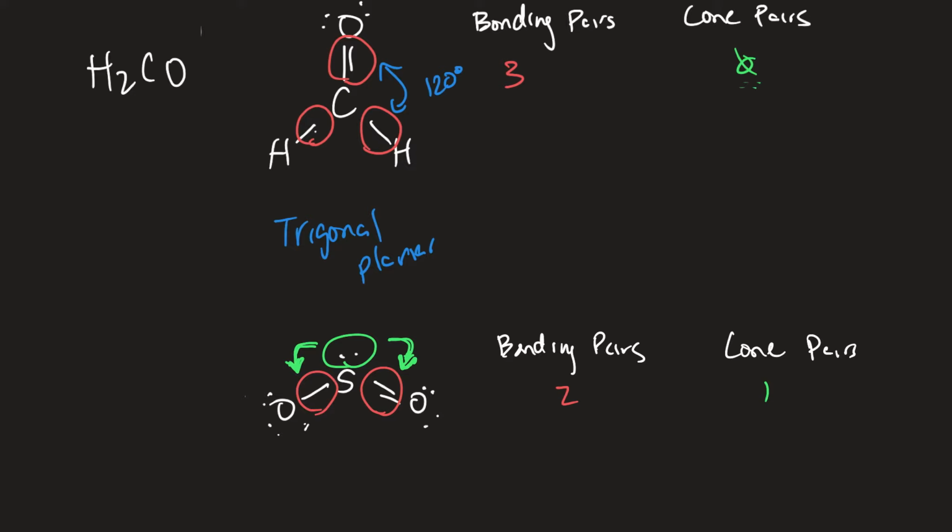Because it creates this greater repulsion against the bonding pairs, the bond angle between the bond pairs is actually less than 120 degrees. How much? It really depends on the molecule, so I want to create a general rule on this one, but it's less than 120 degrees in this case.